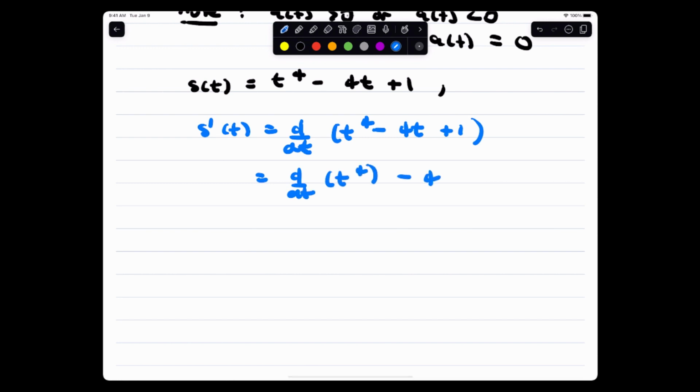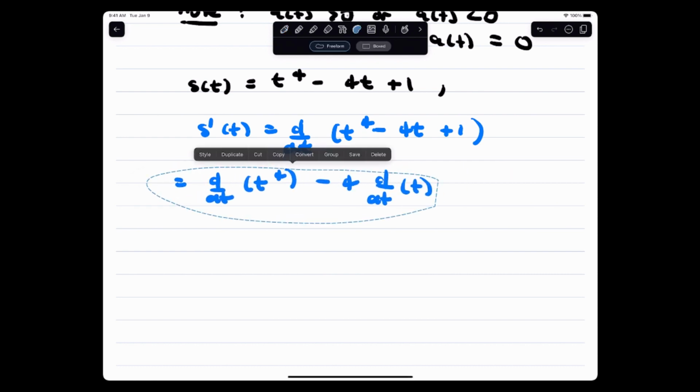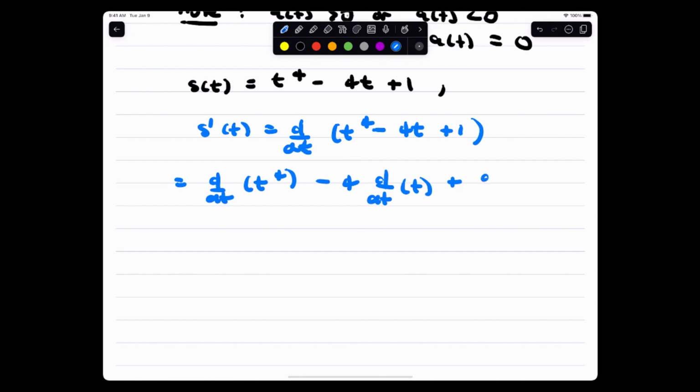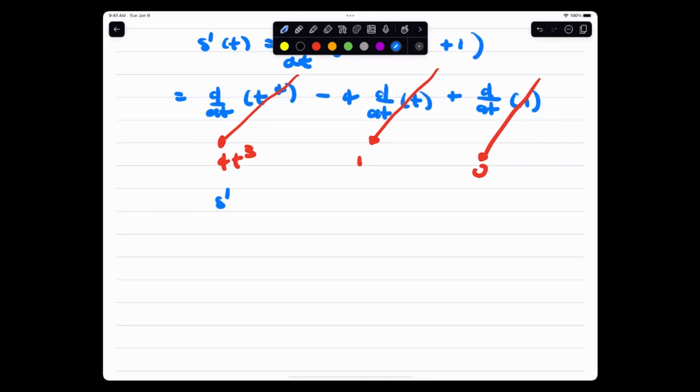Use your properties. So what do you guys get? What's this going to be? 4t cubed. And then this is going to be what? 1. What is this? 0. So the velocity function is going to be what? 4t cubed minus what? 4.